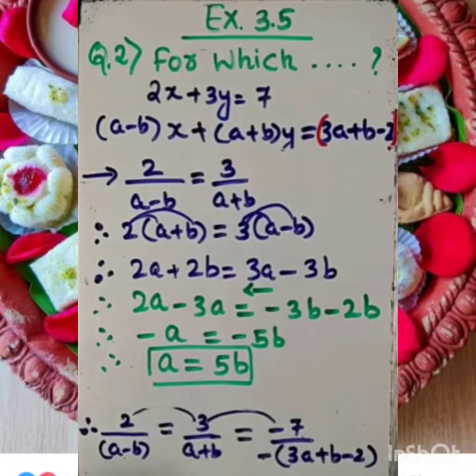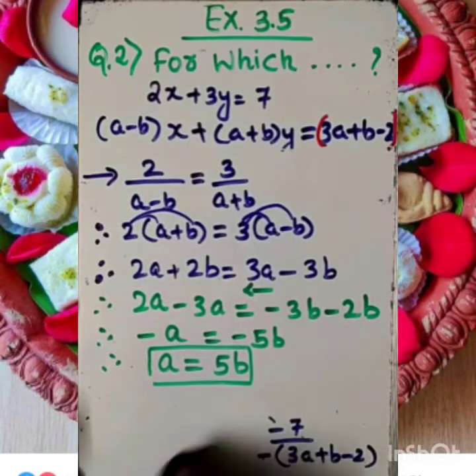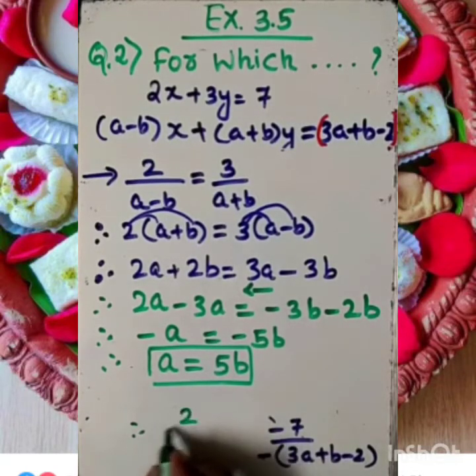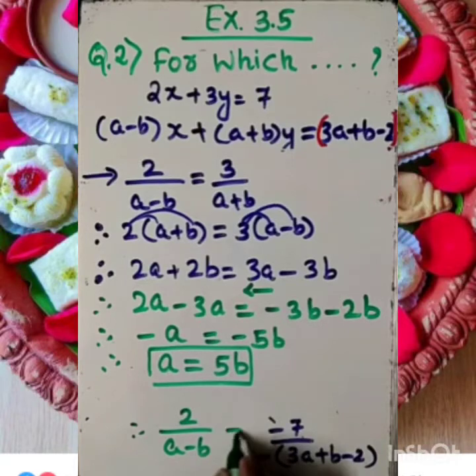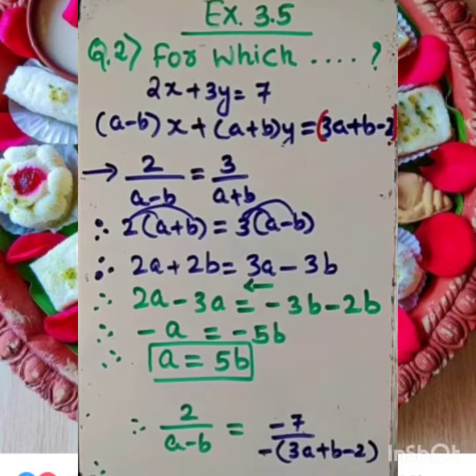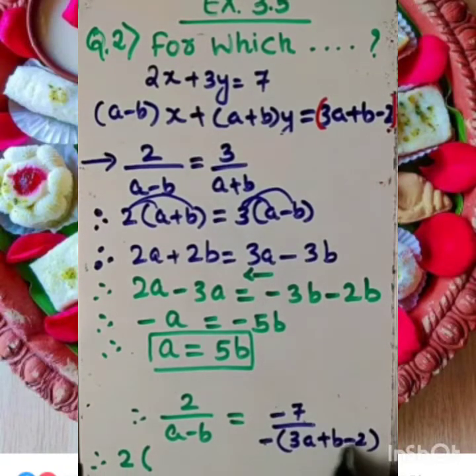Now what I am going to do, I am comparing this with this. So let me write here 2a minus b equal to this. Now as we know, minus minus already cancelled. If I ask you to write it in a cross multiplication form, then 2 in a bracket we will have here.